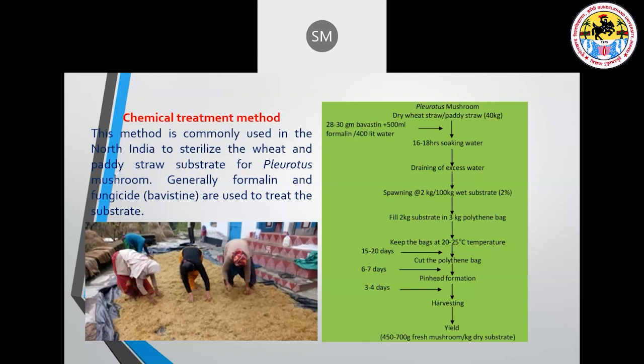Prior to dipping the bags, this water is mixed with formalin and bavistin. Before, you can remember, for the sterilization of the substrate, the formula is 10, 100 and 10.